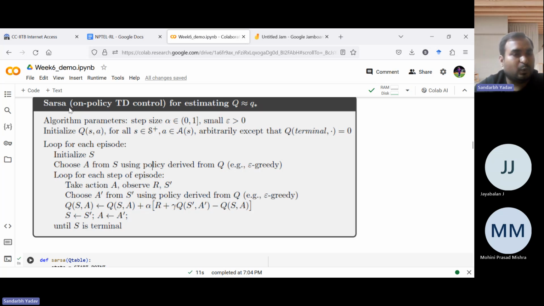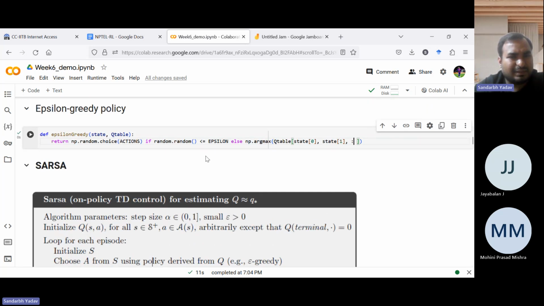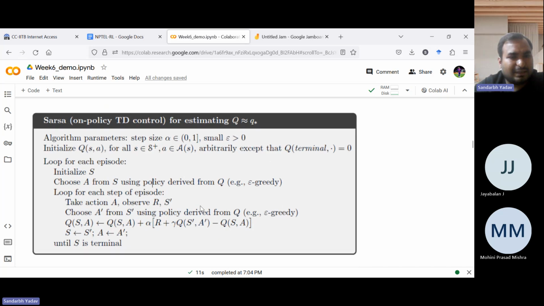So it is a quintuple, a tuple of five components. We get the next action alongside the next state, also from epsilon greedy, just that here we pass the state S dash. Once we have gotten this action A dash and all the components, we can simply plug into the update equation.